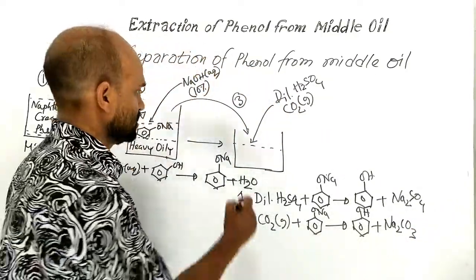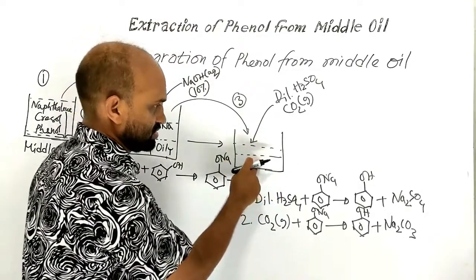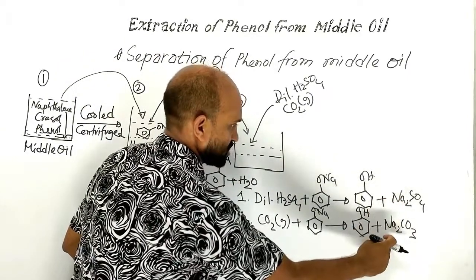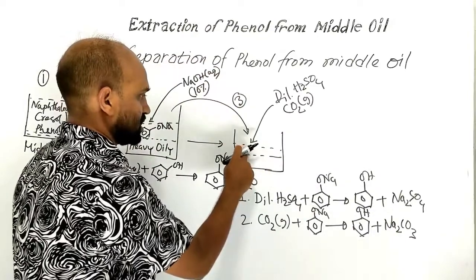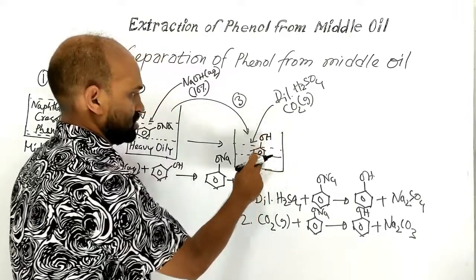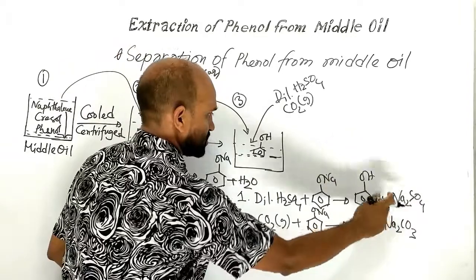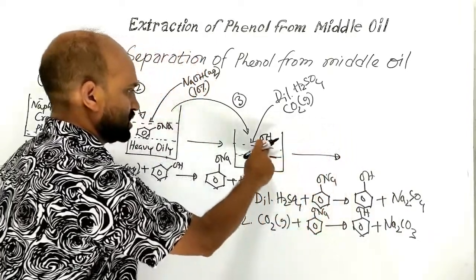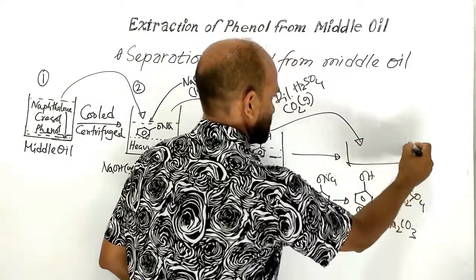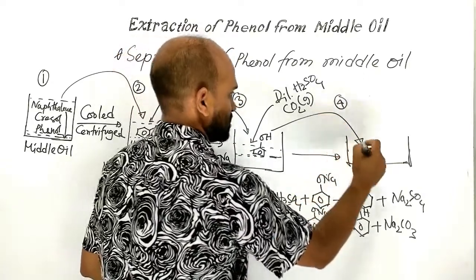Here as well, two layers are obtained. The lower layer is aqueous solution of salt, sodium sulfate or sodium carbonate, but the upper layer is a layer of phenol. From the upper layer, phenol is separated, and now step 4 starts.